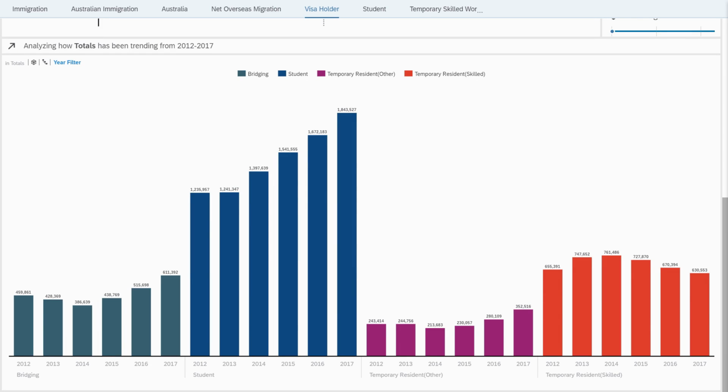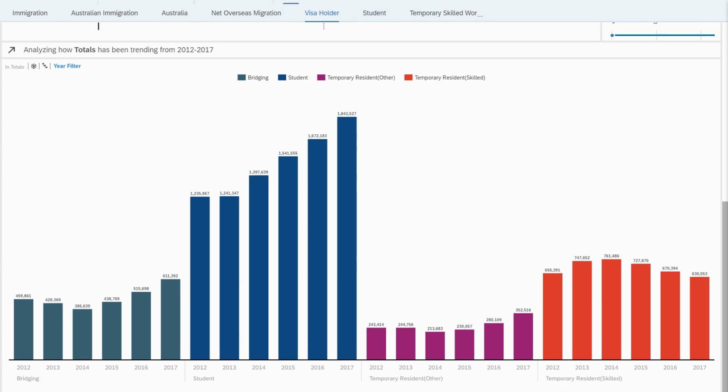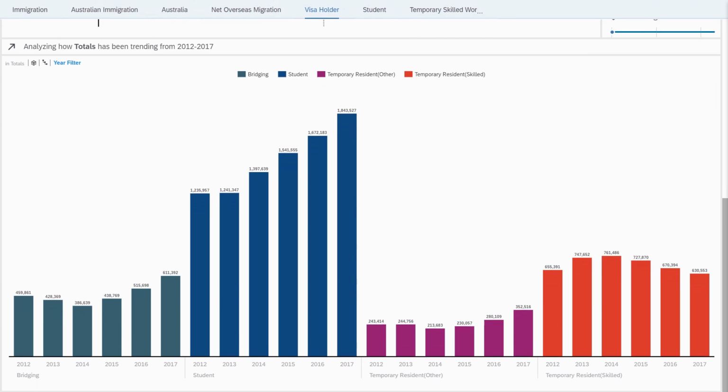As we can see in the visualization, the number of visa holders for bridging, temporary resident, and temporary resident skill has remained fairly constant, while it has grown for the student visa category for the time period of 2012 to 2017. Moving ahead, we will be focusing on the student and temporary skilled visas granted to the people who have been migrating from throughout the world to Australia.